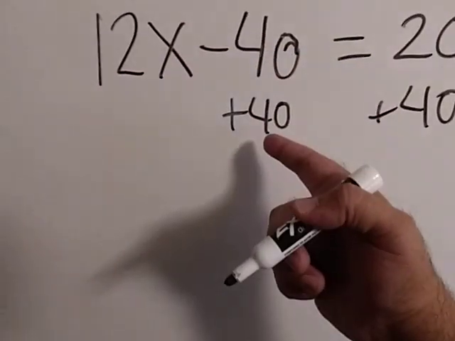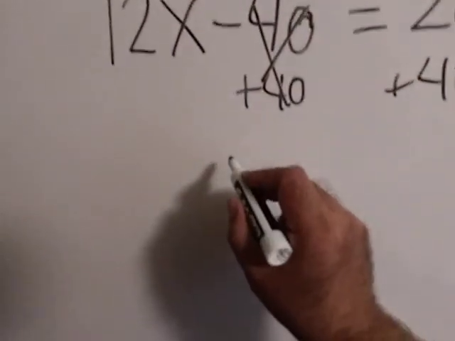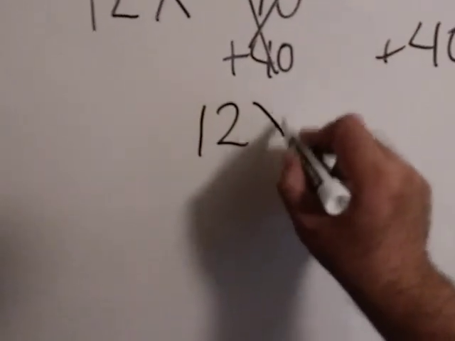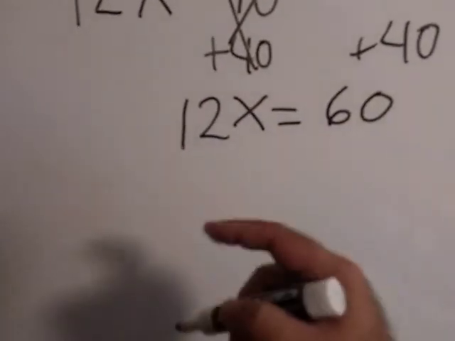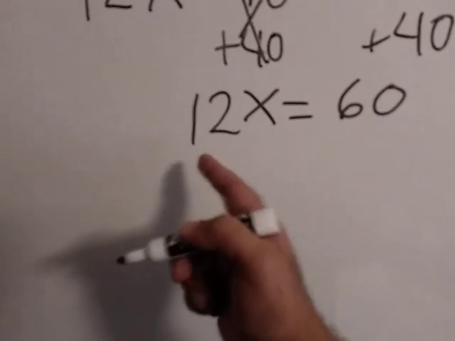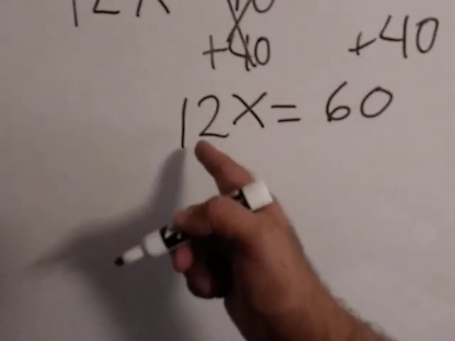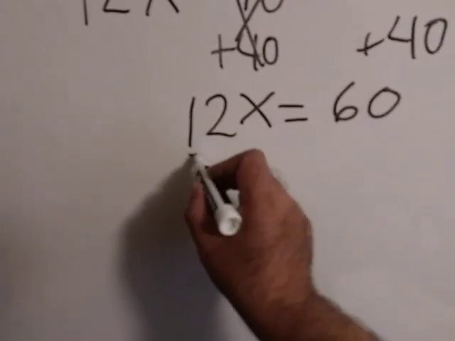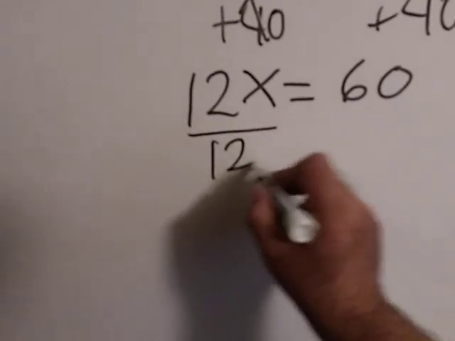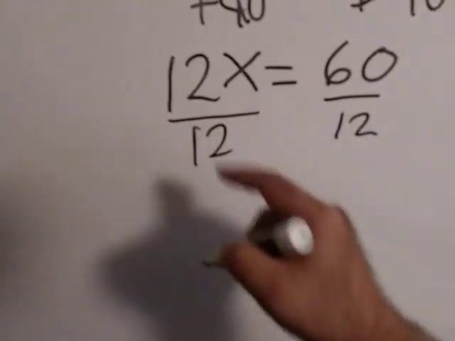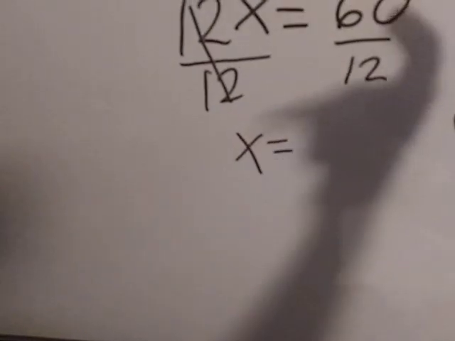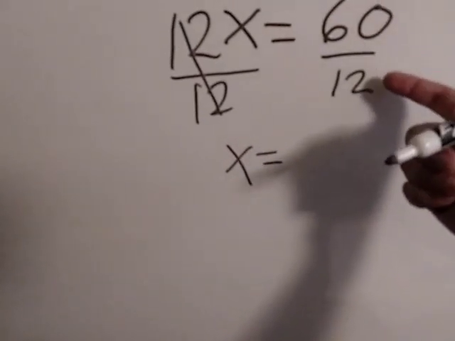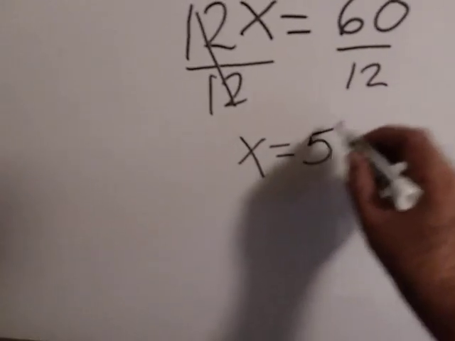So negative 40 and positive 40 cancel out, which leaves us with 12x equals 60. And again, the next process is, if the variable is being multiplied by 12, the opposite operation would be to divide both sides of the equal sign by 12. 12 over 12 cancels out, and we're left with x is equal to 60 divided by 12, which gives us 5.